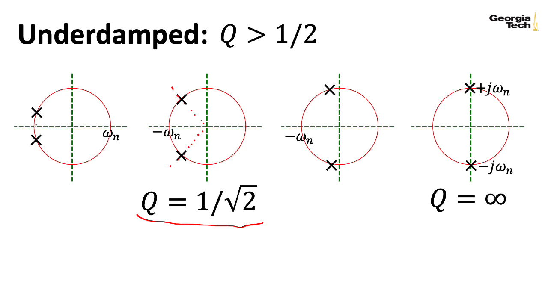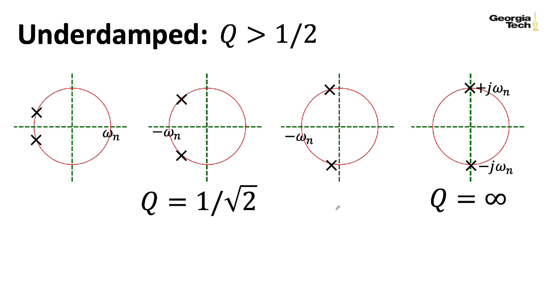So in the underdamped case, if we imagine starting at Q equal 1/2, where we start with both poles here, and then we start to increase Q and we go into the underdamped case, moving away from the critically damped case, at first we're still pretty close to the horizontal axis here. We eventually hit that very special Q equal 1 over square root of 2 point. And then if you keep going, we start to approach this imaginary axis.